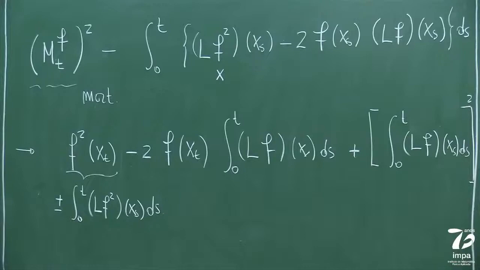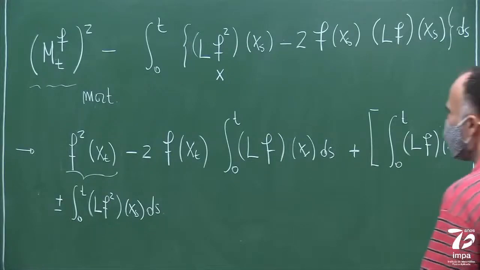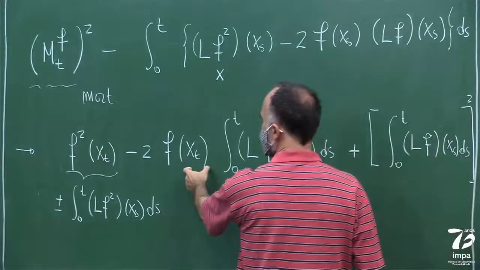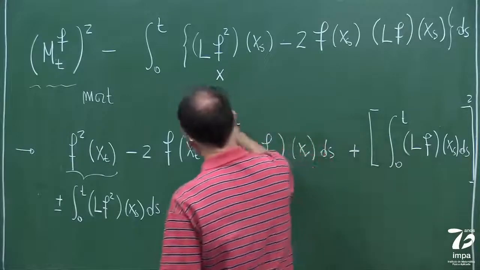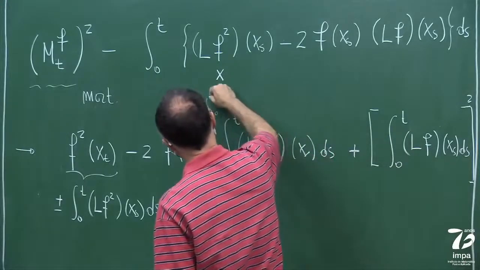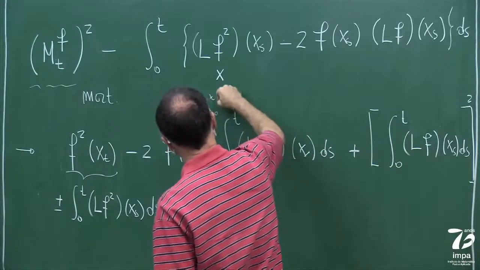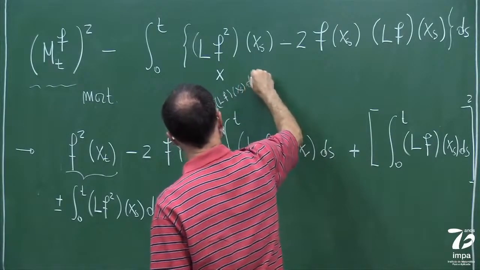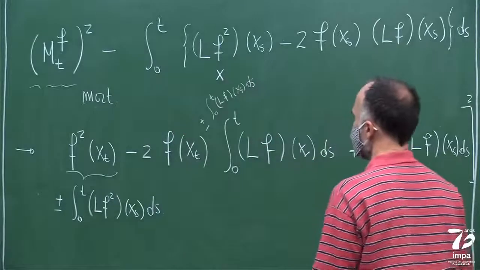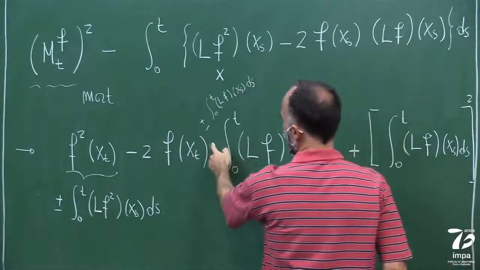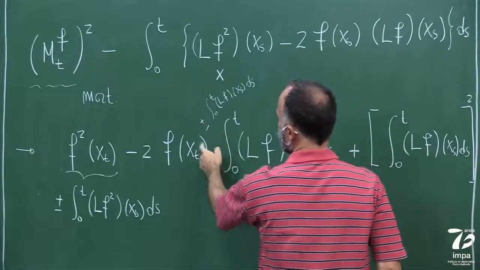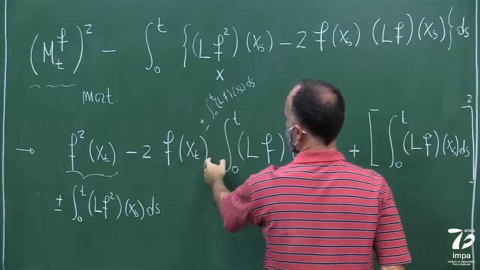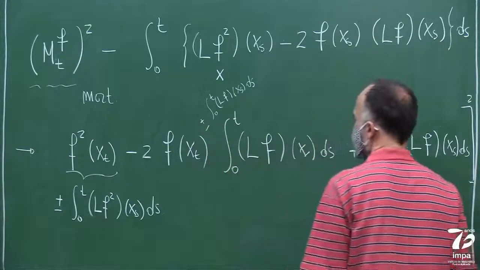Fine. So now I want also to make a martingale appear here. So what I will do is I will add and subtract the integral of Lf(X_s) ds. By subtracting, I get a martingale. By adding, well, I get a term.